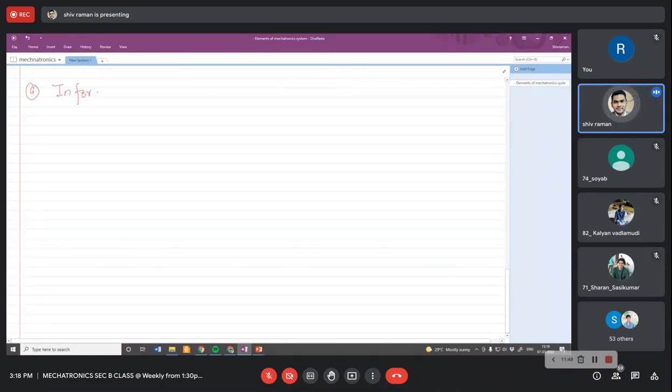So first is our information system. Information system basically deals with the information we want, in terms of what is the need to develop that system, and what are the inputs and outputs expected from the system.